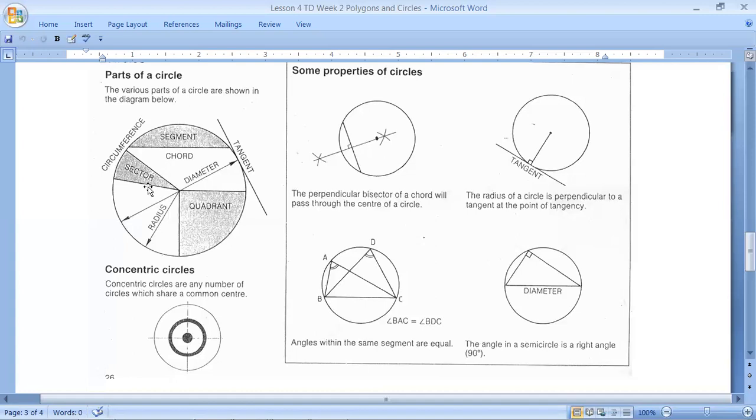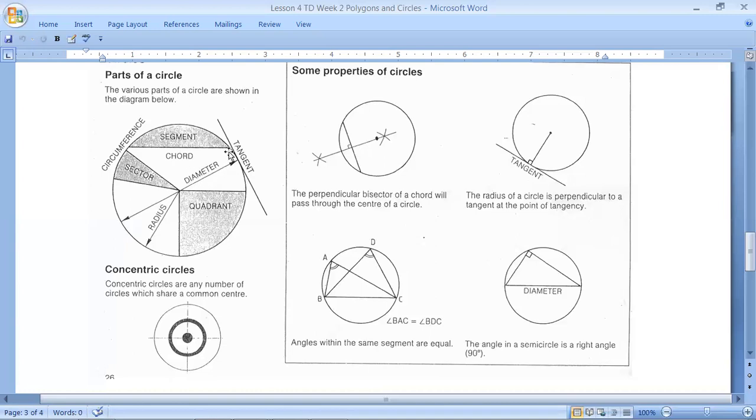Any space formed inside a circle which does not represent 1/4 of the circle, we're going to call a sector.